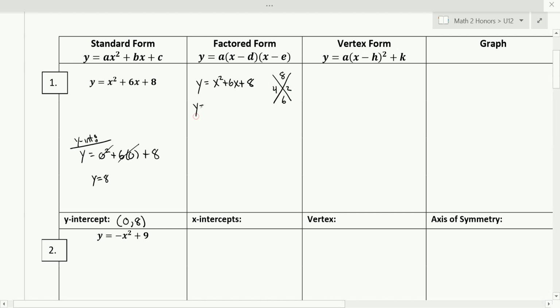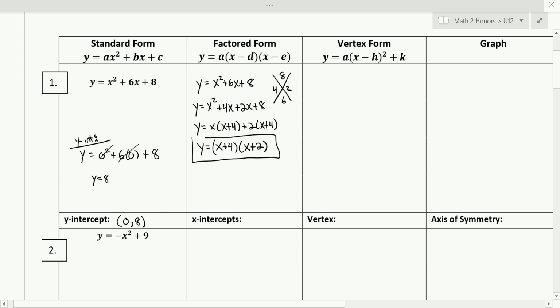We have a lot of background with factoring, so hopefully you're getting more comfortable with this. If not, here's another opportunity. And then factor by grouping. And you finally get it into the form that we want: x plus 4 times x plus 2. And if you got x plus 2 times x plus 4, that'd be the same thing, right? Your factors can move around.